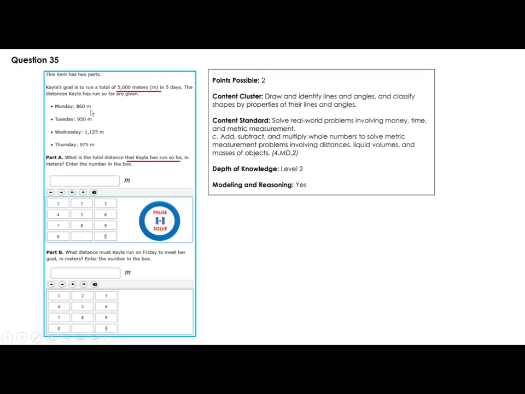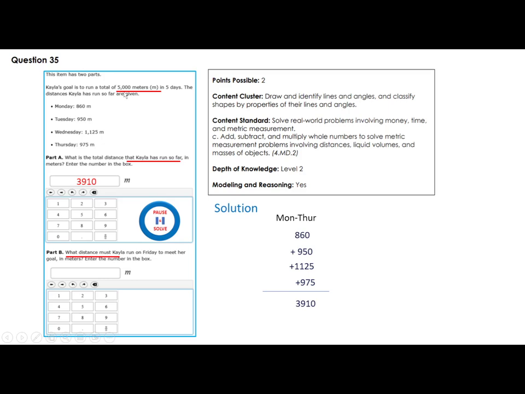She did on Monday 860, Tuesday 950, Wednesday 1,125, Thursday 975. Look at the first question. What is the total distance that Kyla has run so far? Total means you have to add these numbers. Add them. You get 3,910.